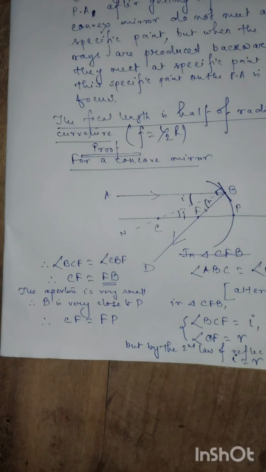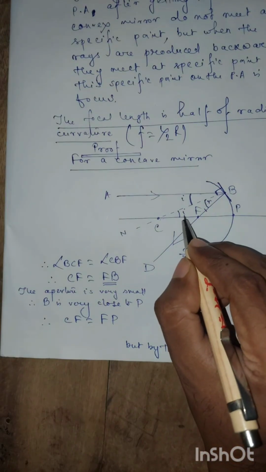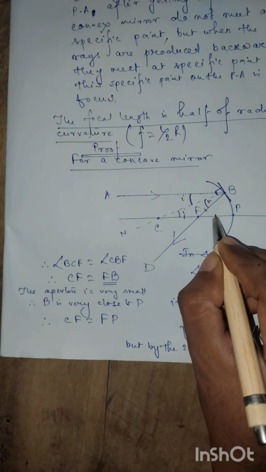That is why these two lengths are approximately equal, and we can write CF equal to FP. So this part is equal to this part.